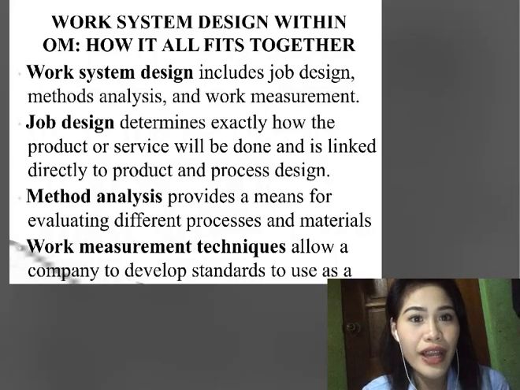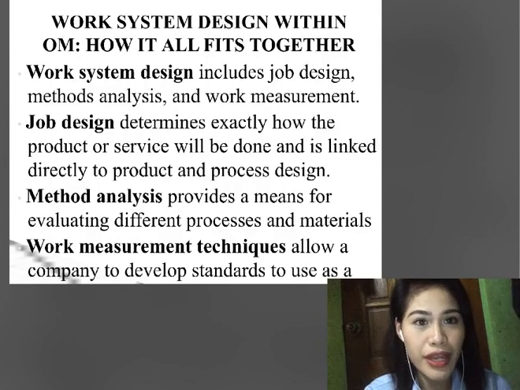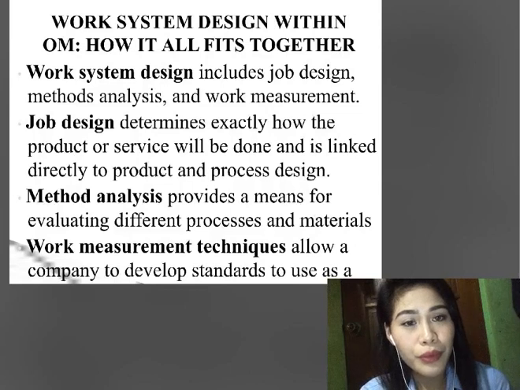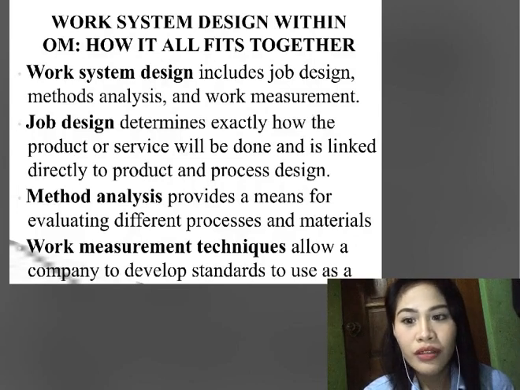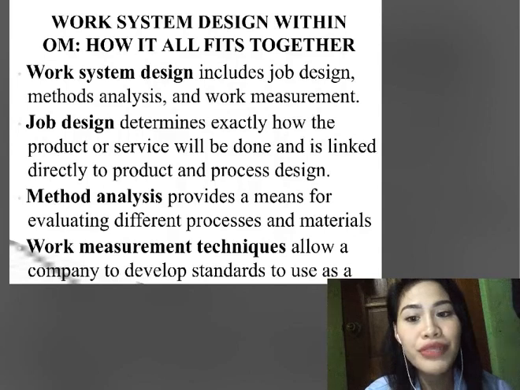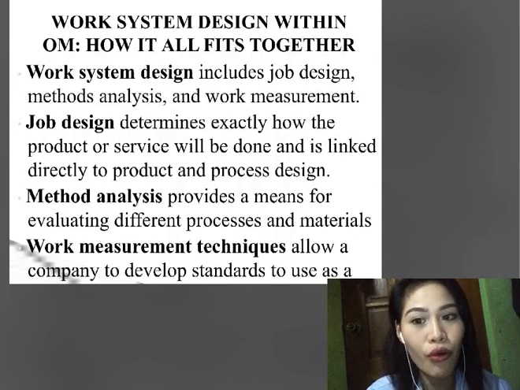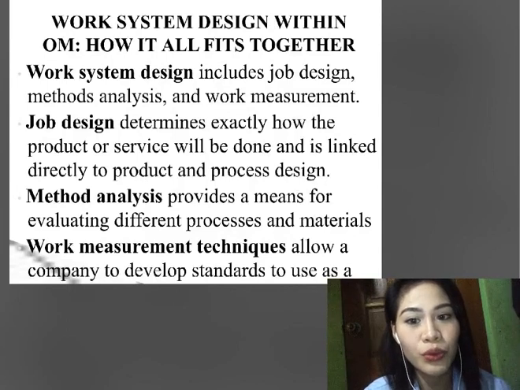Work system design within operations management, how it all fits together. Work system design includes job design, methods analysis, and work measurement. Manufacturing or industrial engineers often do these activities, and job design determines exactly how the product or service will be done and is linked directly to product and process design.